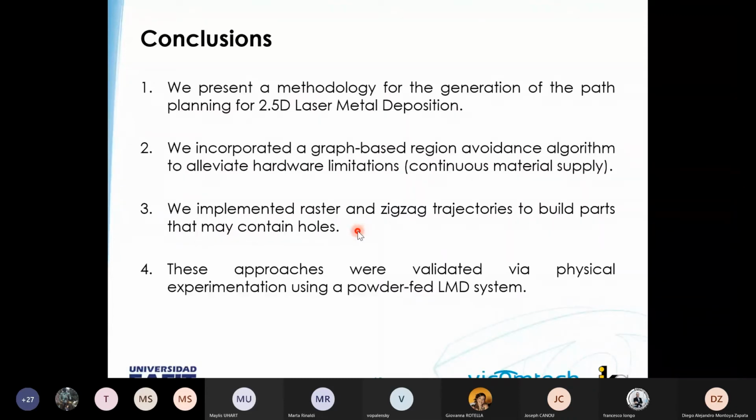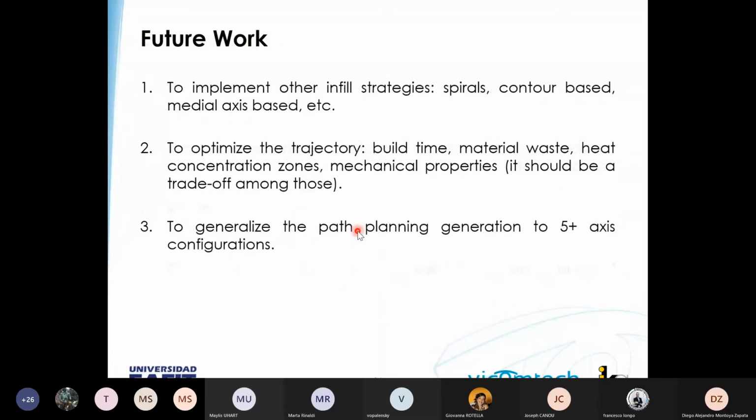We implemented some basic trajectories, like zigzag, and we are able to build parts with these trajectories. The trajectories we generate are able to build parts that may contain holes, and we were able to validate these approaches via a powder-fed laser metal deposition system.